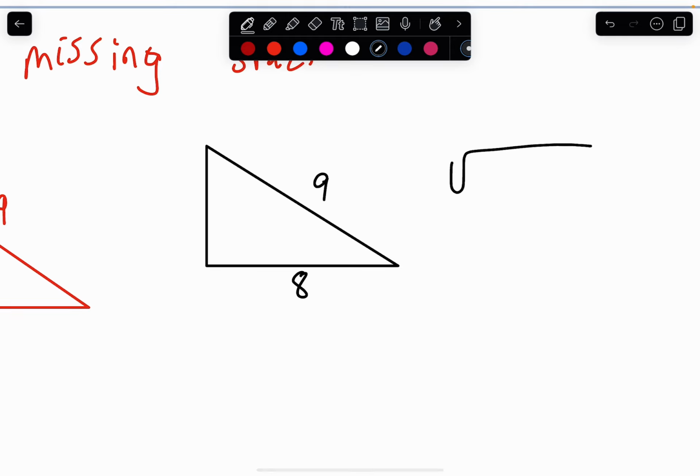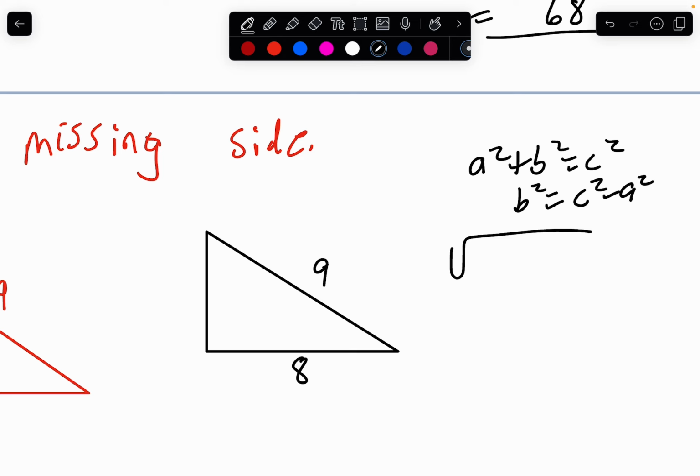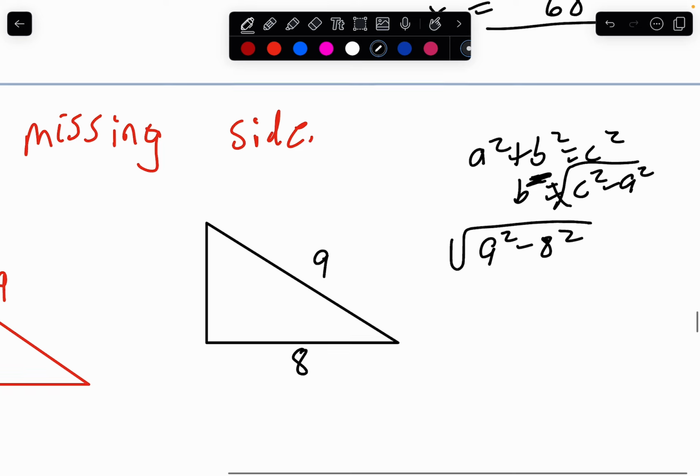So we're going to hit it with the Pythagorean theorem. The Pythagorean theorem is a squared plus b squared equals c squared. Well, we know the hypotenuse, so b squared equals c squared minus a squared. Cancel out the square and it's going to be the square root of it. So if you have the hypotenuse, you're always going to do the square root of c squared minus a squared.